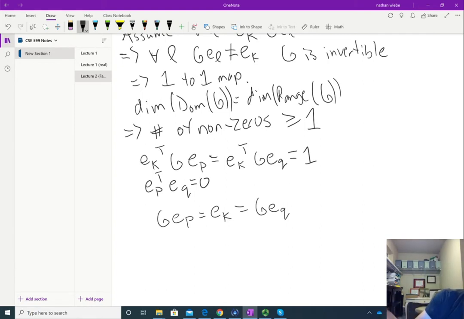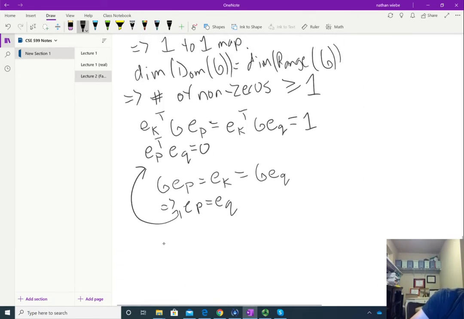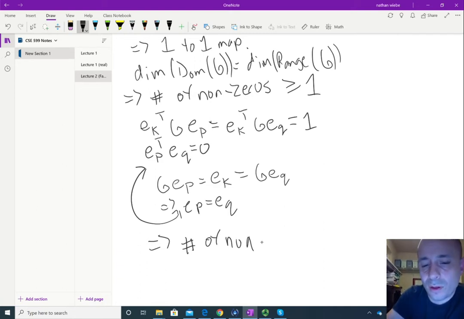Now, if G is invertible, this implies that E_p equals E_q, which is a contradiction. Ergo, the number of non-zeros in every row is equal to 1.